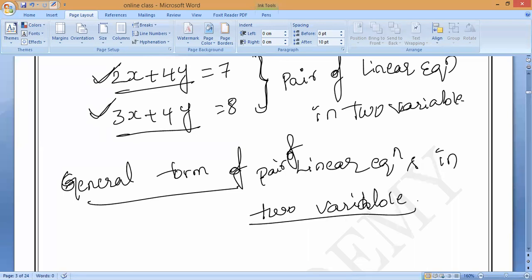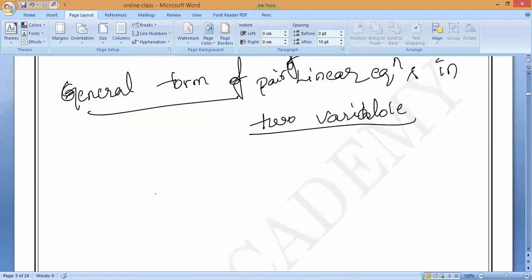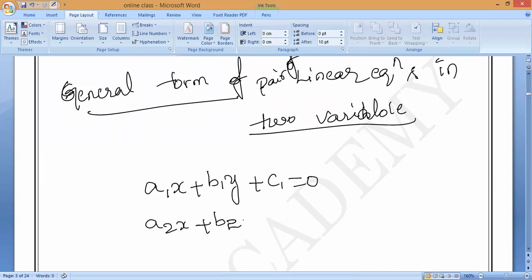The general form of linear equations in two variables are a1x plus b1y plus c1 equal to 0 and a2x plus b2y plus c2 equal to 0. This is equation 1, this is equation 2.